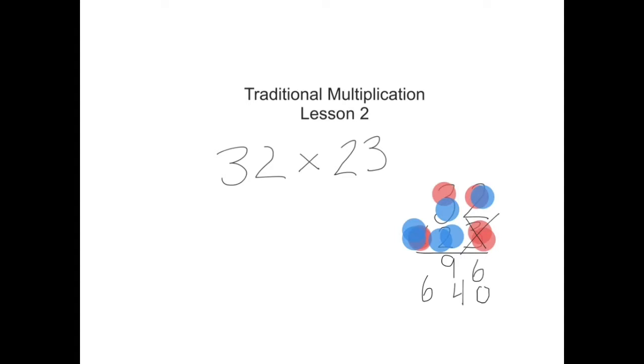My last step, similar to lattice, is to add up everything that we've accumulated. 6, 9 plus 4 is 13, carry the 1, 6 plus 1 is 7. So my answer is 736.